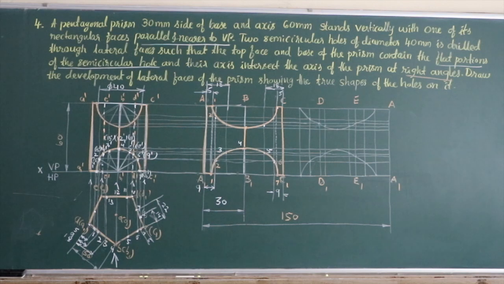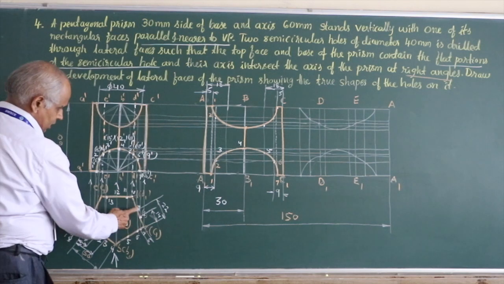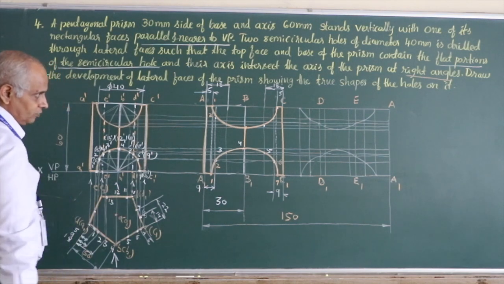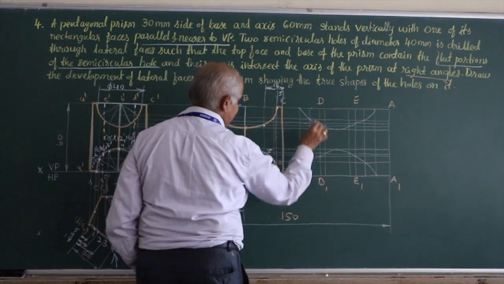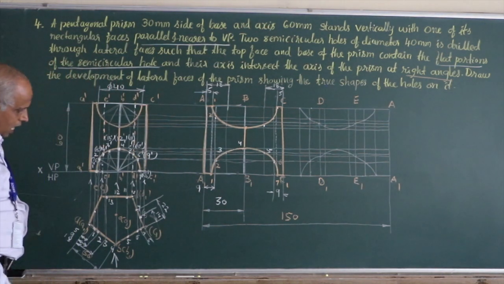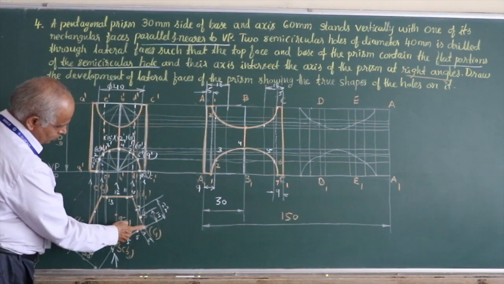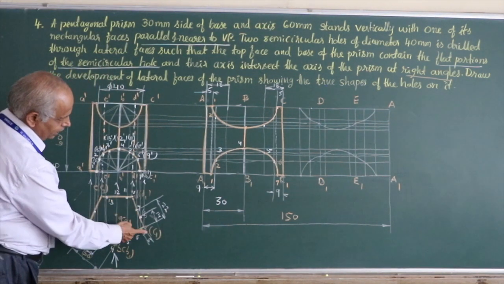Now try to locate them. Go to the face containing CD set. So containing CD, that is C1D1 here and CD here, at a distance of 14 mm from C between CD.